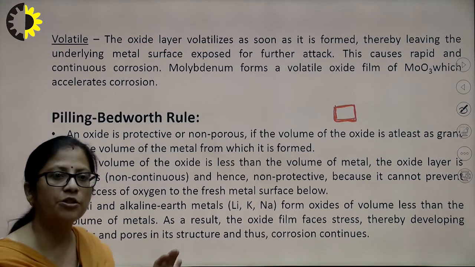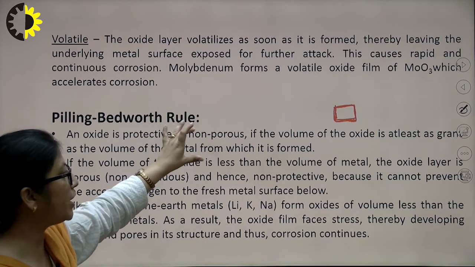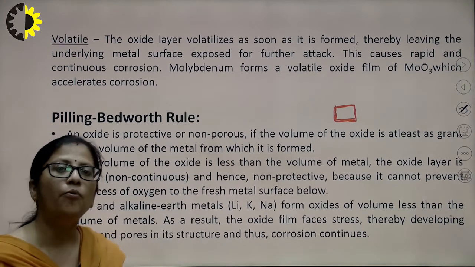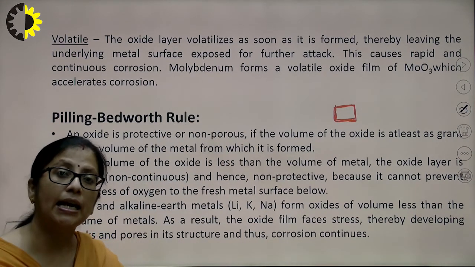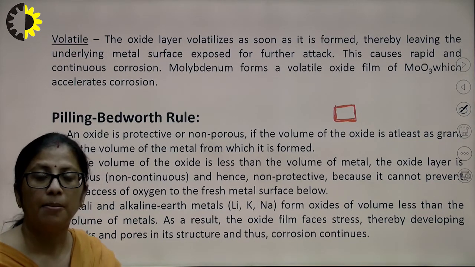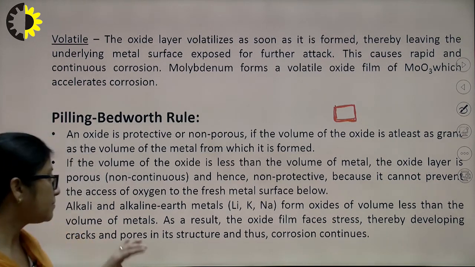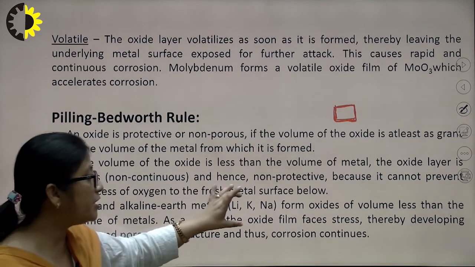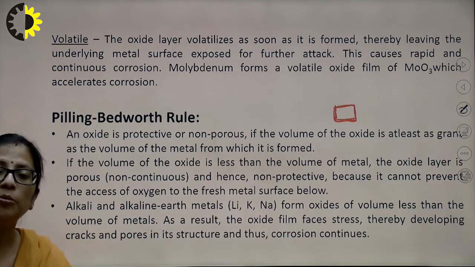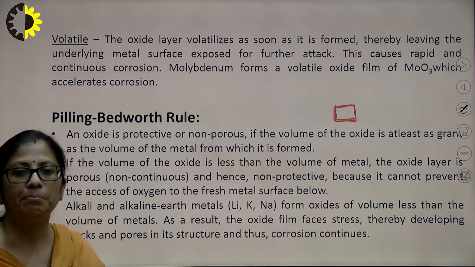So, in the case of aluminium, the oxide film is protective because the volume of the oxide is as large as the volume of the metal aluminium. But in the case of alkali and alkaline earths, their oxide film is not protective because the volume of the oxide film is less than the volume of the metals.